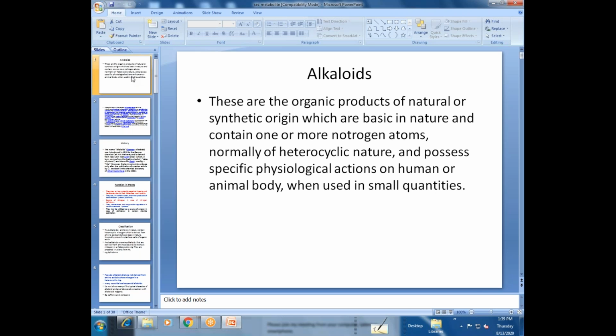These are the organic products of natural or synthetic origin which are basic in nature because they contain one or more nitrogen atoms in the heterocyclic ring, and possess a very specific physiological action on the human or animal body when used in small quantities because they are potent medicaments. This is the definition of alkaloids.